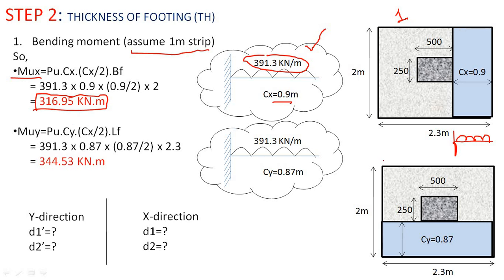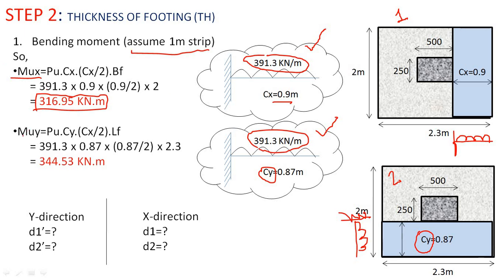For the y direction, we will see figure number 2, in which we will see the distance as Cy. Similarly we will plot this kind of figure, having the UDL, and it is fixed from here. Here Cy is provided as 0.87, and the load is Pu, which was calculated in step number 1, which is 391.3 kilonewton per meter.